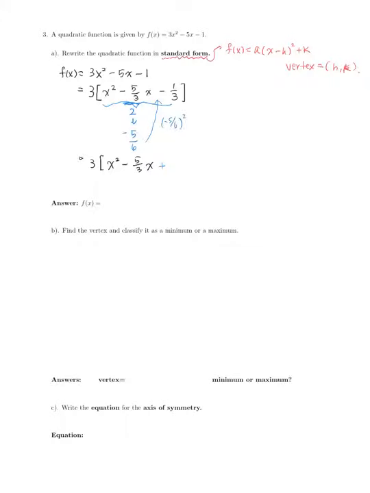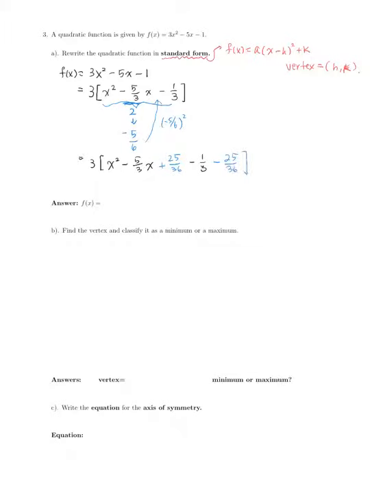Okay, so that's gonna be what? 25 over 36. And then you still got that minus 1/3. But the thing is, you added 25 over 36 into that expression, so you better be fair and subtract 25 over 36 as well.